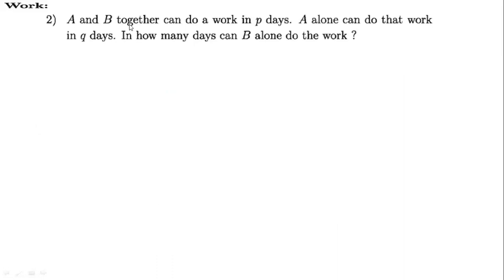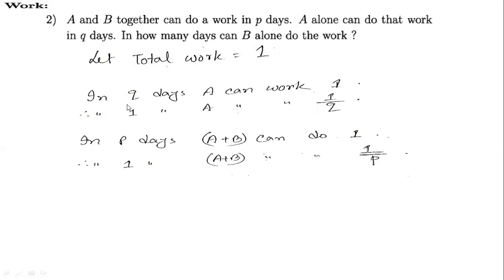Now A and B together can do a work in P days. A alone can do the work in Q days. In how many days can B alone do the work? Okay, let us assume that our total work is 1, and for Q days A can work.